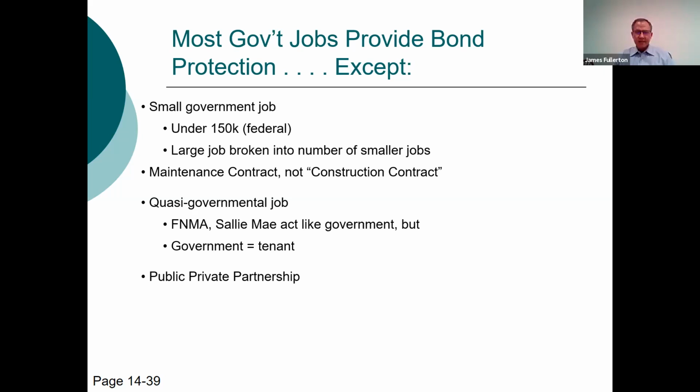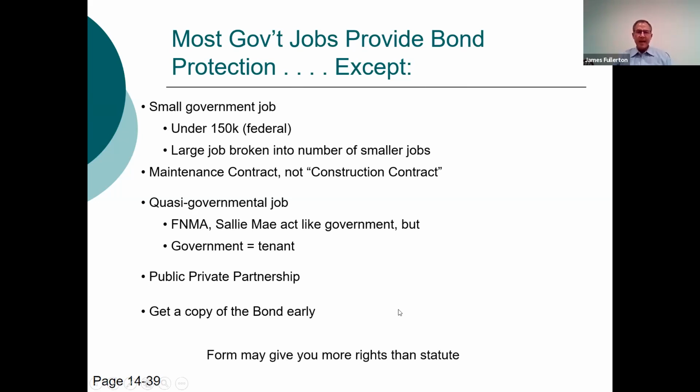You need to confirm that the project is bonded and the identity of the bonding company. So again, the bottom line is get a copy of the bond early. In all these cases, there's no substitute for doing that to evaluate the strength of the bonding company and confirm that the project is bonded.